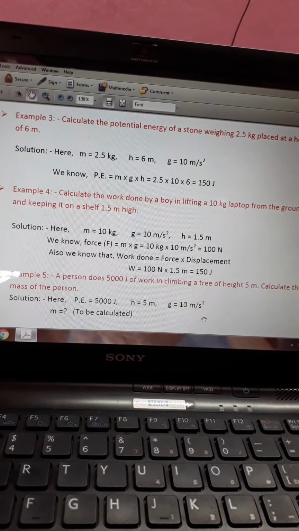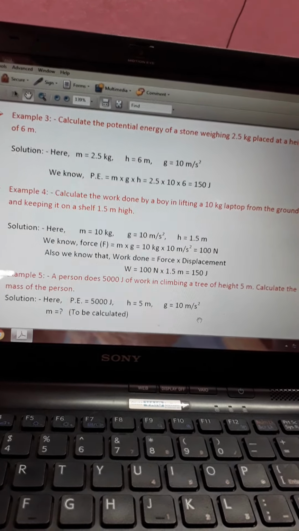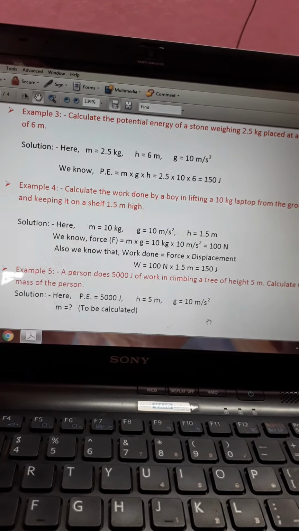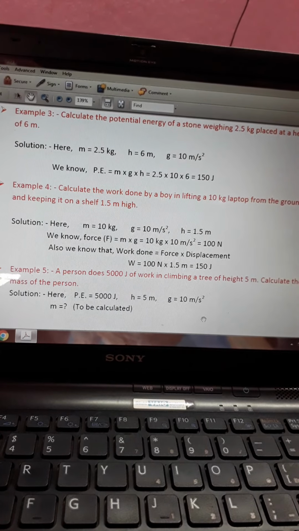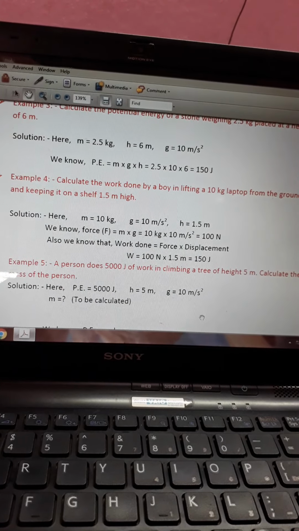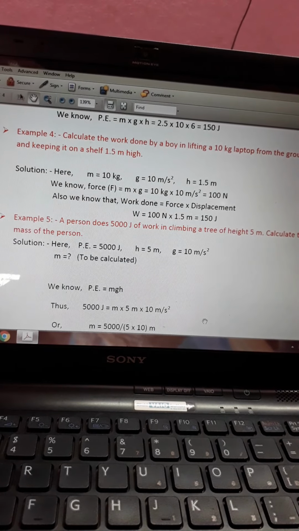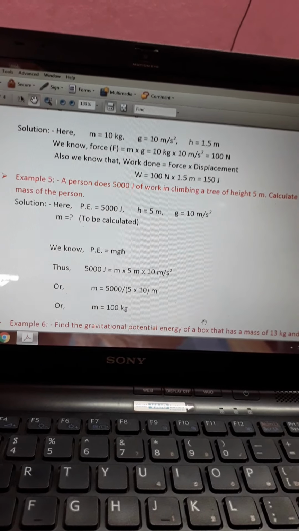Next problem, number 5. A person does 500,000 joule of work in climbing a tree of height 5 meter. Calculate the mass of the person. So potential energy is given, height is given, g is equal to 10 meter per second square, and m is to be calculated. Put the values in the expression, potential energy equals to mgh, and get m is equal to 100 kg.